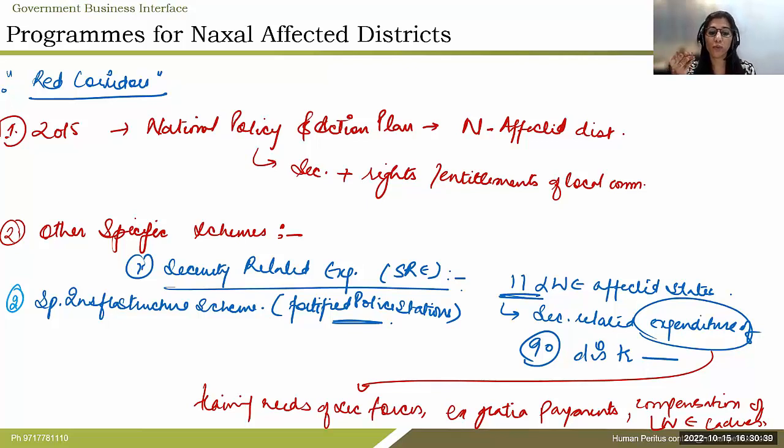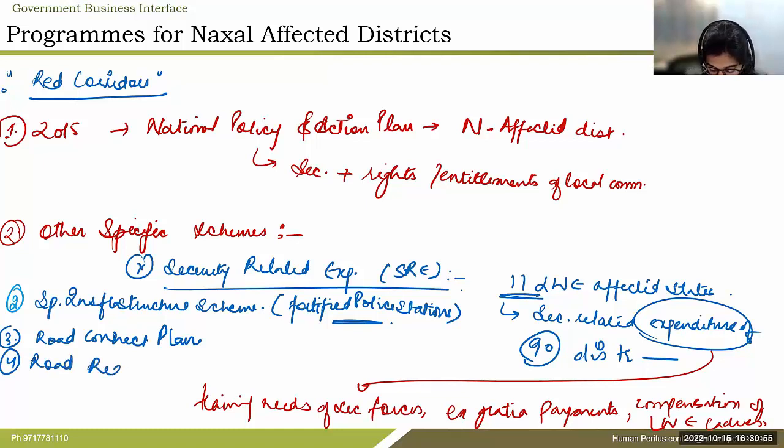So there is this special infrastructure scheme for them as well. There is the road connectivity plan, and another one for the road requirement plan. Actually, this road requirement plan is the first phase and this connectivity is the second phase of this plan only.